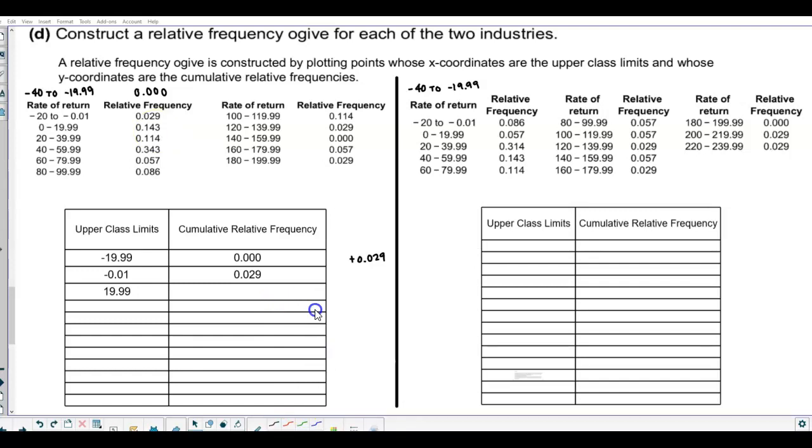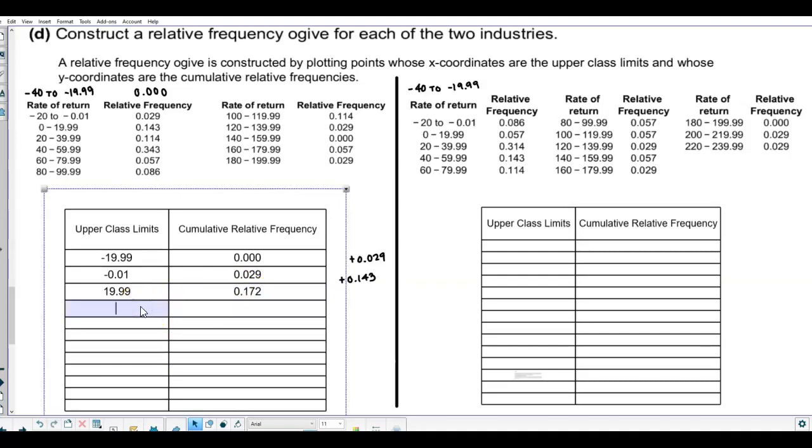So we take that 0.143 and then add it to the 0.029. So we get 0.172. And then we move on to the next upper limit, which is 39.99.